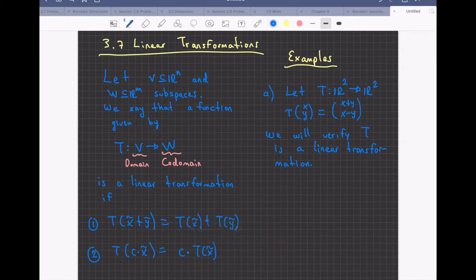All right, so I have to verify that the two conditions for linear transformation are true. For the first one, I need to choose two elements, x and y, and show that when I add them and then apply the transformation, it's the same as applying it separately and then adding.